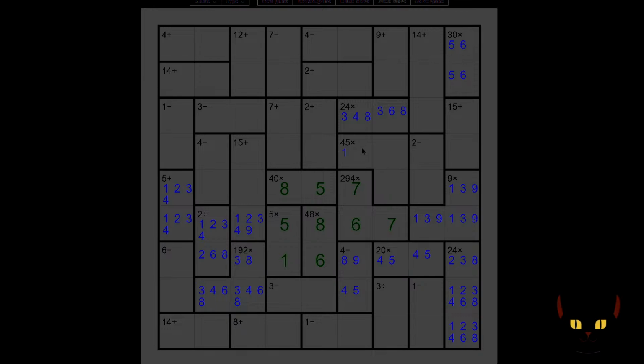45 is divisible by 1, is divisible by 3, not divisible by 4, is divisible by 5, not 6, not 7. Yes, because we did 7 gives 35, 42, 49. Not divisible by 8, and it is divisible by 9. 3, 5.